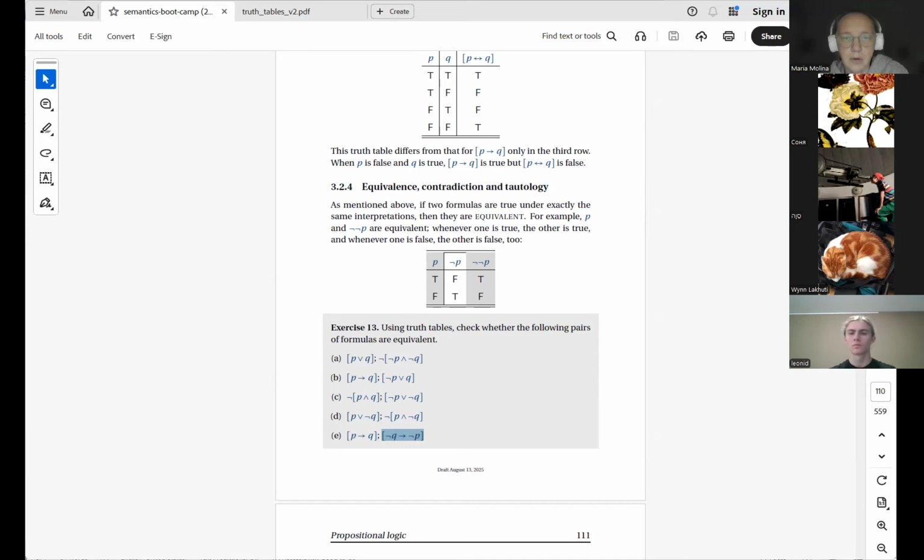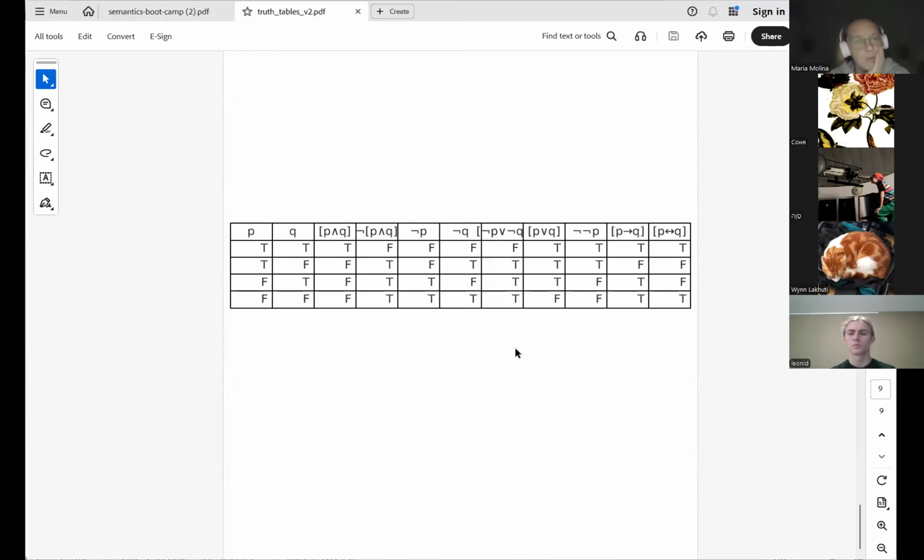If Q... how do we do it with the table? How do we see it in the table? Can you explain? I understand that we should compare.